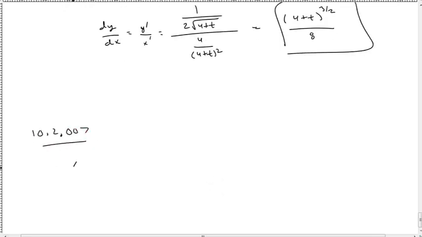10.2.007. We have x equal to t to the 9th plus 1, and y equal to t to the 10th plus t. They say find the equation of the tangent line at t equals -1.